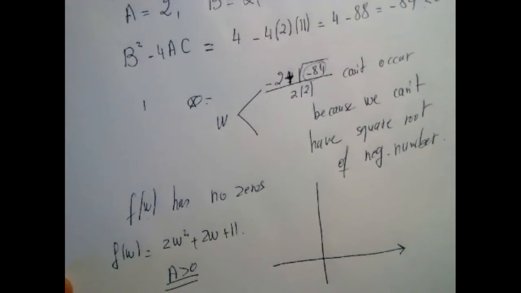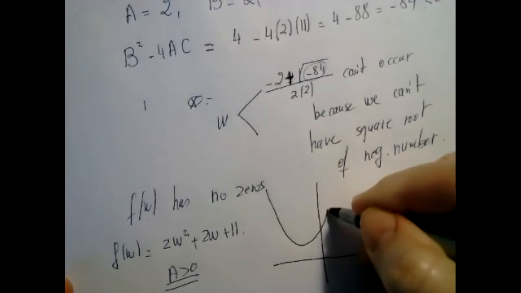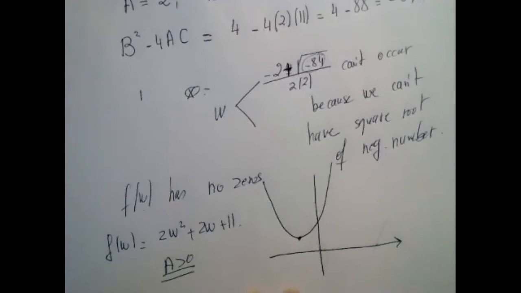There are no zeros, it means there is no value of x where the function is equal to 0. So the graph is going to look like this. And we know how to find the vertex, so we can take care of that in another problem. But graphically, that's what's happening.